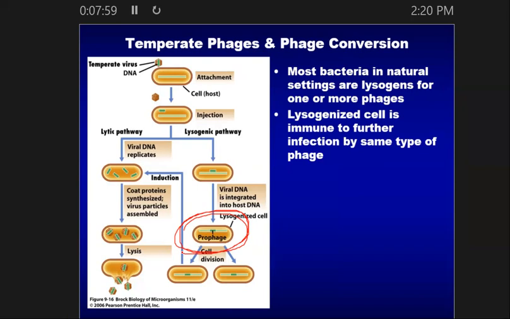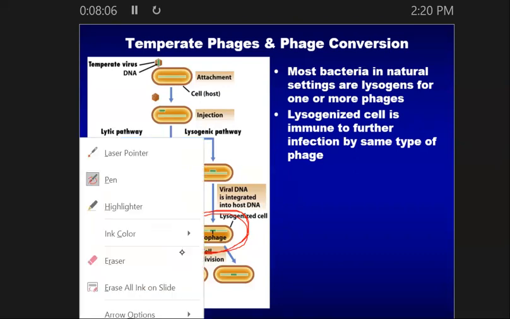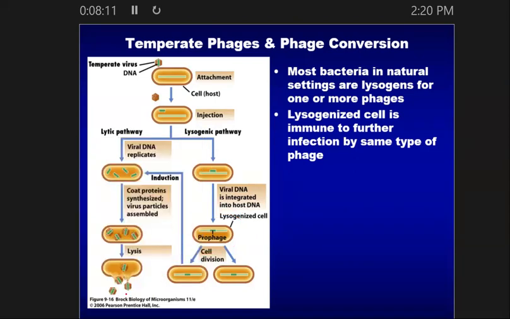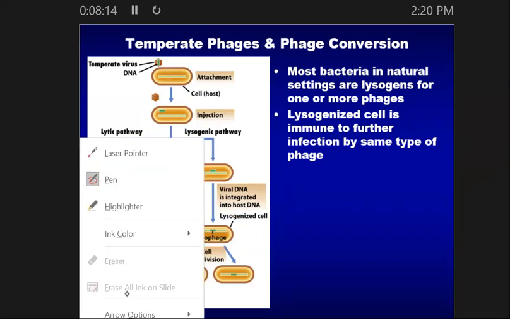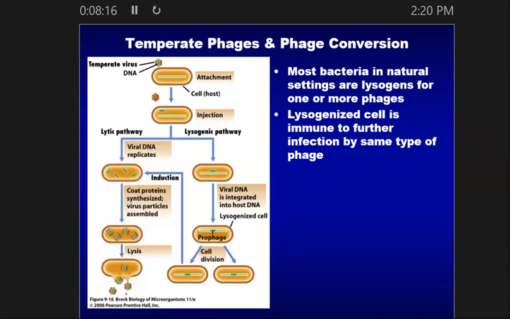So another thing they're showing here is that eventually, if everything's going okay, that cell I circled might say, you know what, I want to go through cell division. Well, when it does that, part of the cell division process is that the cell will duplicate all of its internal contents, including its DNA, which includes the prophage. So now when those two progeny cells are made, the prophage is in each one.